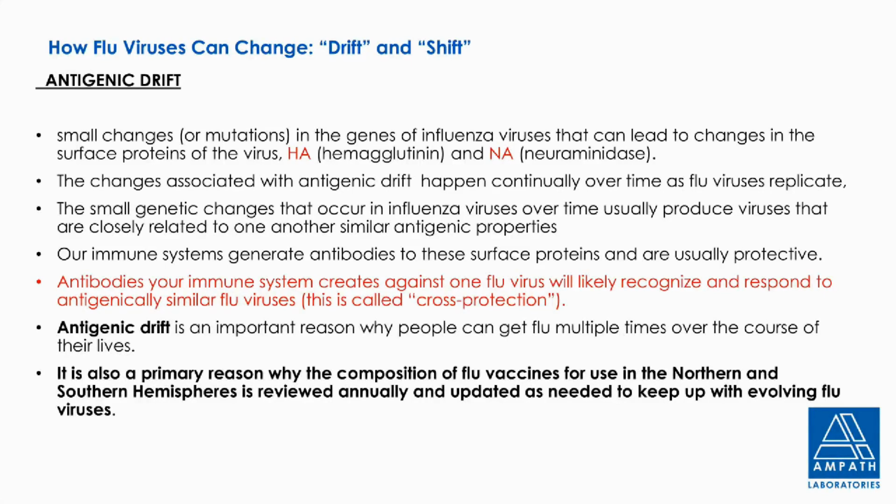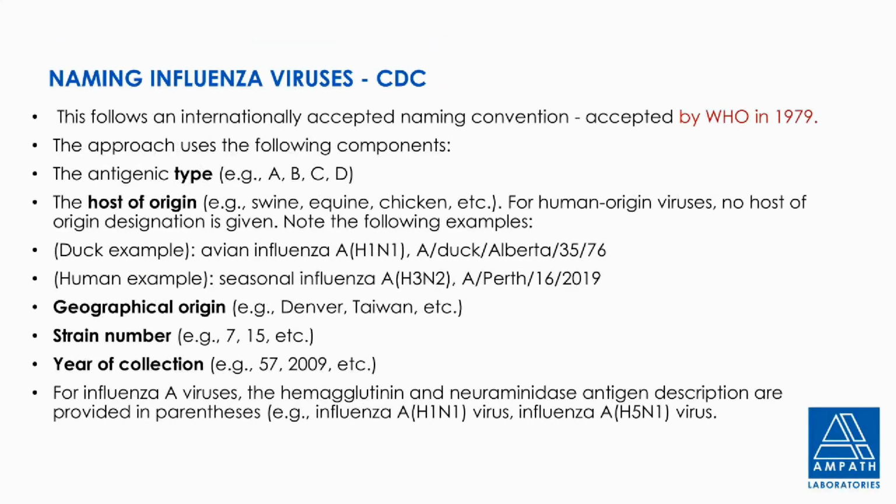So that we speak of is the cross protection. So antigenic drift is an important reason why we can get flu multiple times over the course of our lives. Okay, and as I mentioned, the composition of flu vaccine takes these important factors into account.